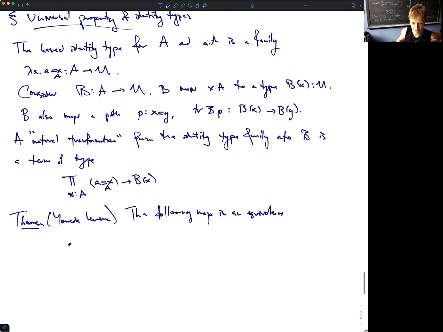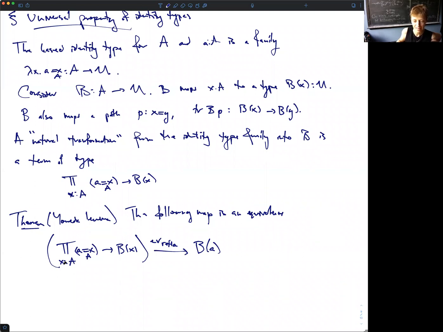It says that if you have natural transformations out of a representable functor, that's the role being played by this identity type family, representable at the term A, so this here is the type of natural transformations, then that's equivalent to the data of a single term in a single fiber of B, namely the fiber over the special A. And the way that you would extract that single term from a natural transformation is by evaluating at the identity of A, or what we call here refl A. So evaluation at reflexivity of A defines a map in this direction.